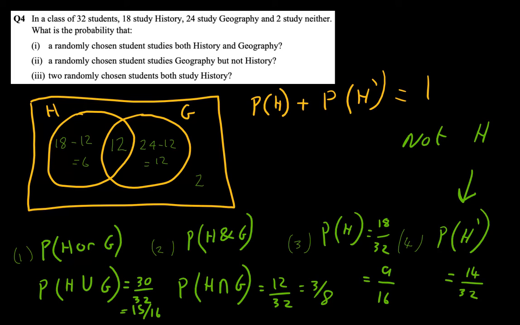Let's double check that. Not history is going to be 14 over 32, which is 7 over 16. Now I hope you can see that 9 over 16 plus 7 over 16 equals 1. We would have been in big trouble if that didn't equal 1.